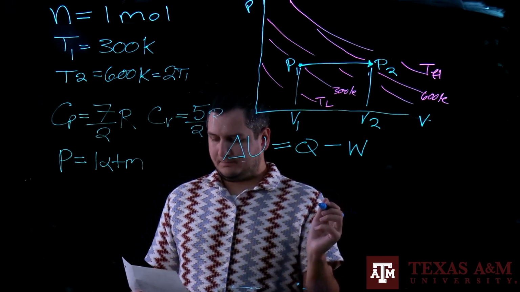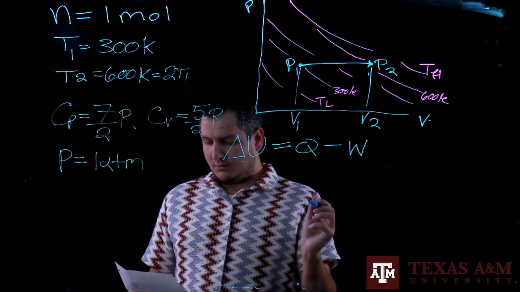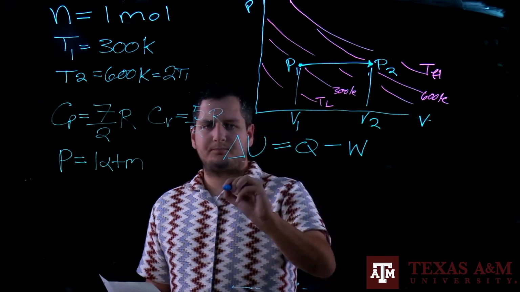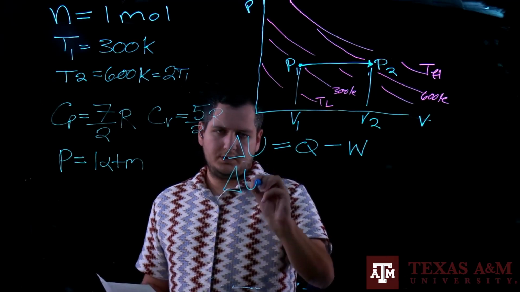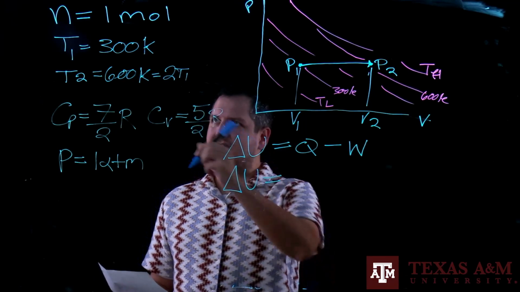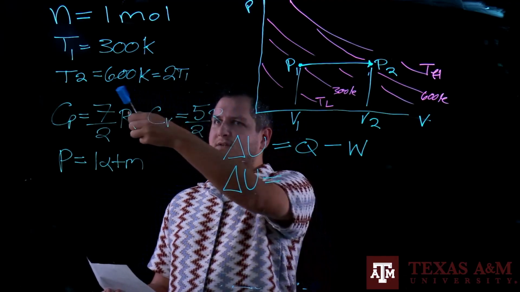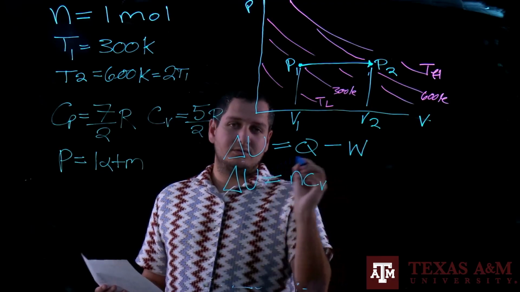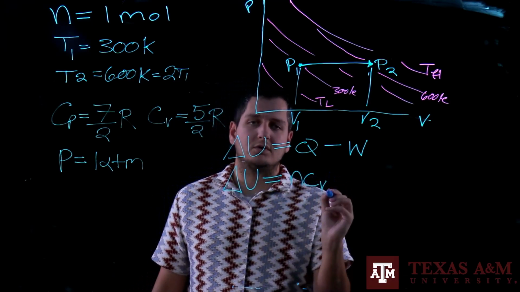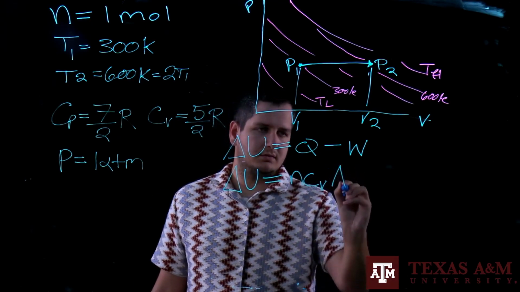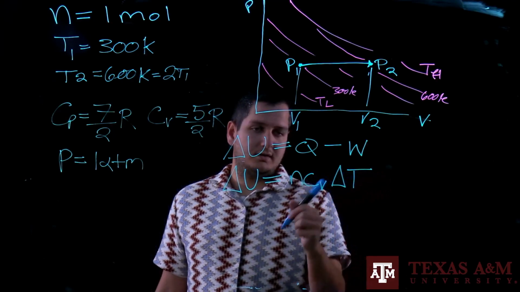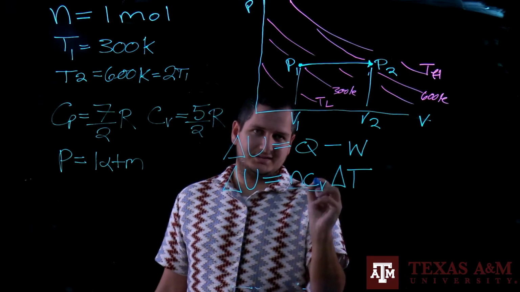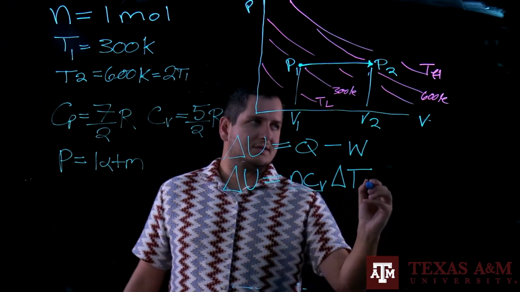What's another thing that we know? We have an ideal gas, and we know CV, and we know delta T. So we know temperature and the change in internal energy are proportional. How are they proportional? They're proportional by the number of moles, and this constant, which is the heat capacity.